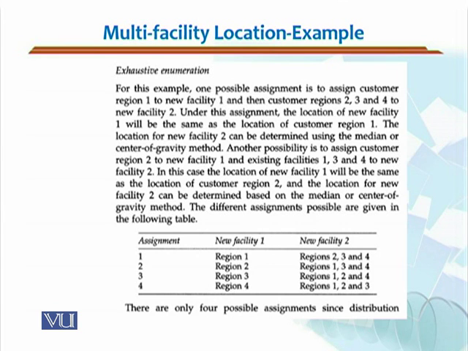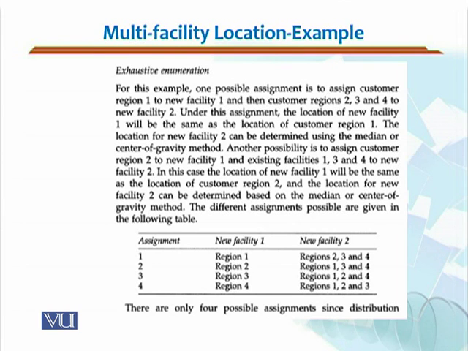So you will assign every region one by one, and then you will look at the best facility. Actually, there are only 4 possible assignments, which are given in the table. Assignment 1 would be to assign new facility 1 to region 1, and new facility 2 would accommodate the demand for regions 2, 3, and 4, whereas new facility 1 would only accommodate region 1.